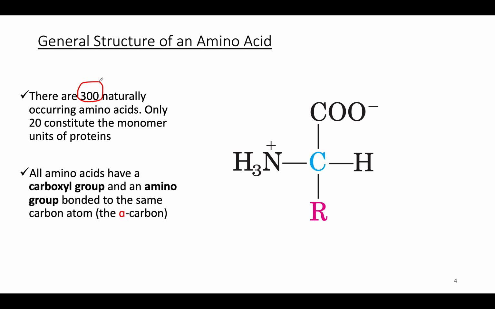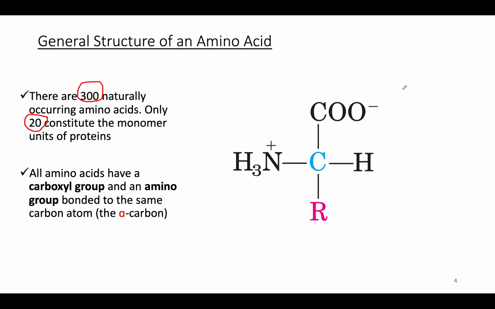But of these 300, we need to focus on only 20 of them, because these 20 amino acids constitute the monomer units of proteins. In your suggested textbook, you will see a list of these 20 amino acids. I have uploaded a handout on the learning management system which shows these 20 amino acids.